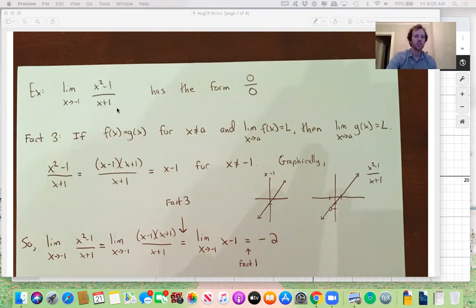For rational functions, or even things with some square roots or fraction or different exponents in them, if you can, the first step is really take this number, -1 in this case, and put it into the function. If the bottom isn't 0, so if you're getting a number, then that number is the limit that you're looking for and you're done.